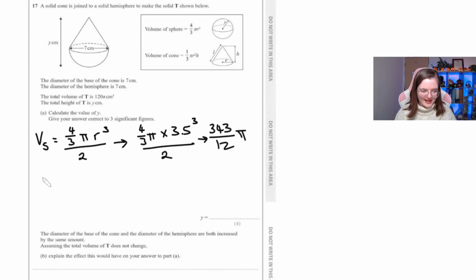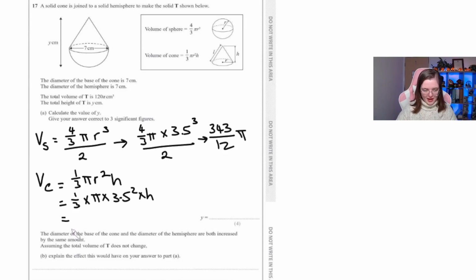Okay, so then we have the volume of the cone next, which is 1/3 pi r squared h. So that is then going to be 1/3 times pi times 3.5 squared times whatever h is, which is then going to be 3.5 squared times 1/3, 49 over 12.